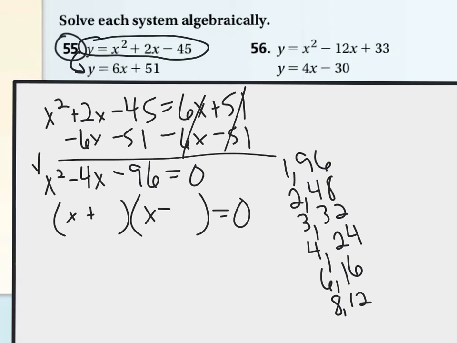Now remember, there's no number in front of this squared term, so the signs are different. Really, all we have to do is find factors that have a difference of 4. That would be, as it tends to be a lot of times, the closest factors to each other. So we want more negatives, so I'm going to put the bigger number next to the subtraction sign.